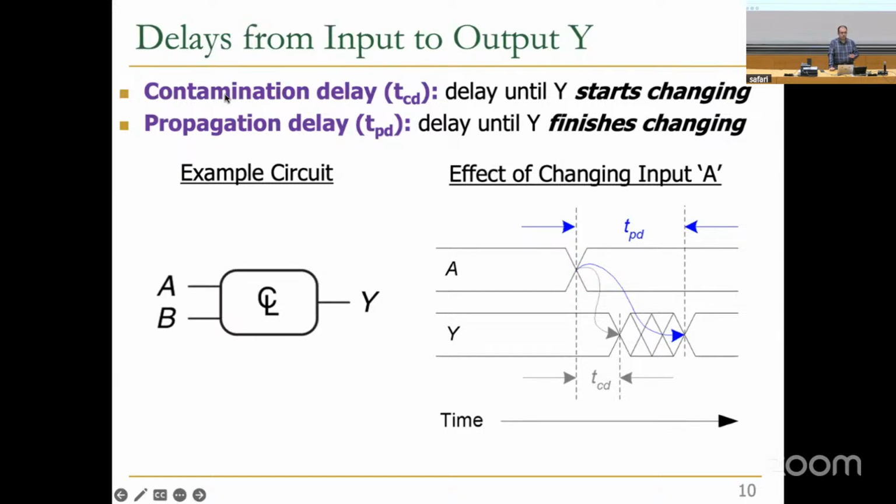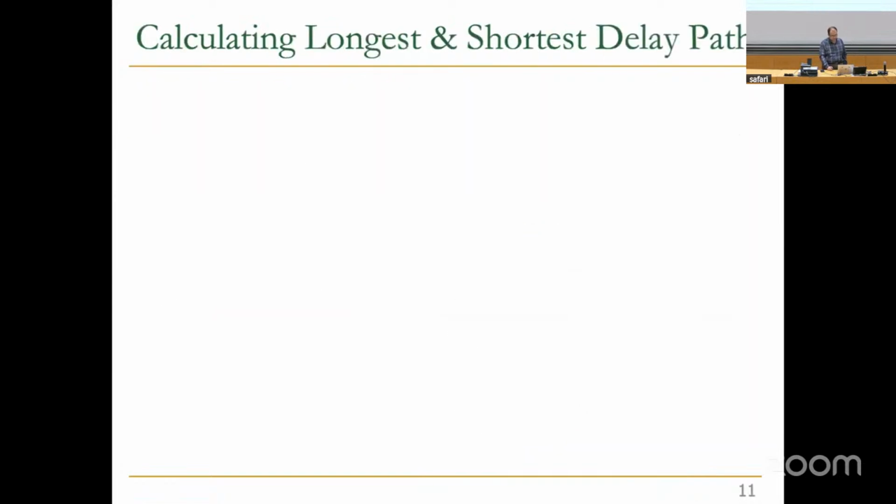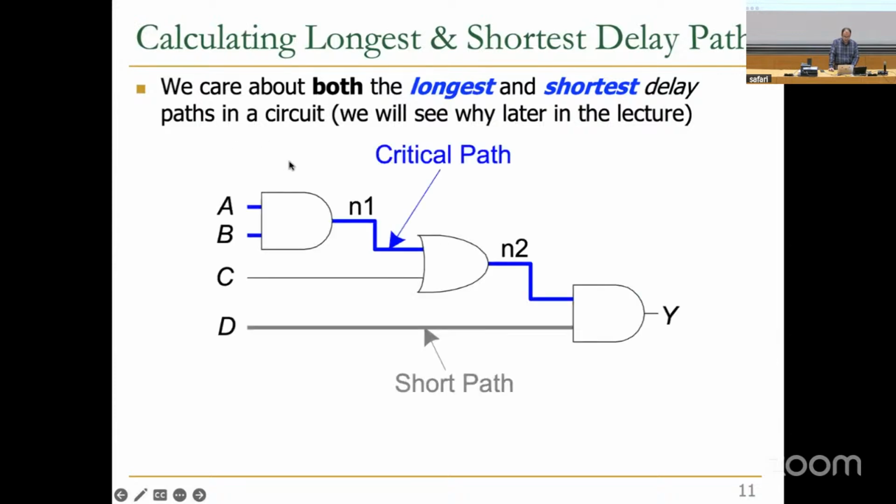We're going to see a lot about this in this lecture, so don't worry if you don't understand it clearly now. This is the notation that we usually use in waveforms. This cross-hatching means the value is changing. It's just a notation for waveforms. We need to calculate longest and shortest delay paths. We care about both in a circuit, and we will see the reason later in this lecture.